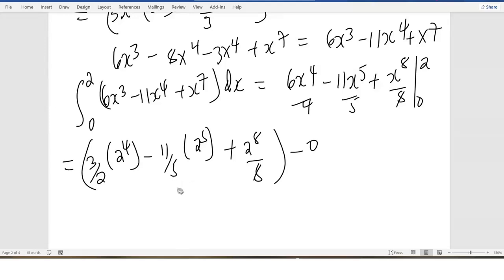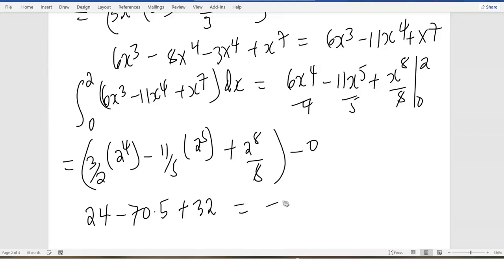So if I do this, finally, this is what I'm going to get. 2 to the power 4 becomes 16, 16 divided by this, I get 8, so that will be 24 minus 70.4, then plus 32.